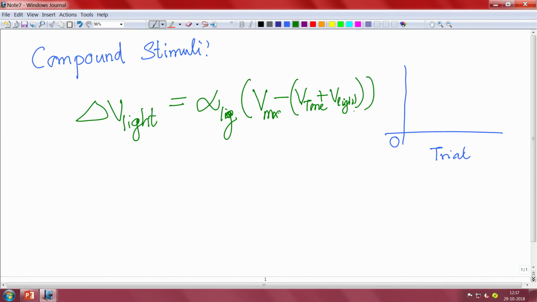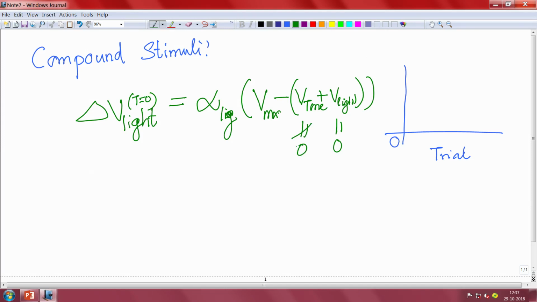Now, granted this is equal to 0 because it is the start of the trial, trial number t equal to 0. However, this is not equal to 0, it is non-zero.